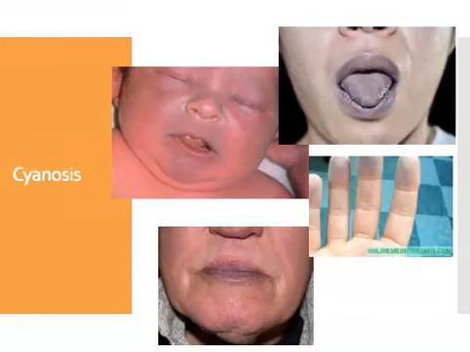Take a look at these pictures and you can see cyanosis. If you look over here on the right, you can see this strange bluish color in the fingertips of this person. This is a person whose oxygen saturation levels are too low.